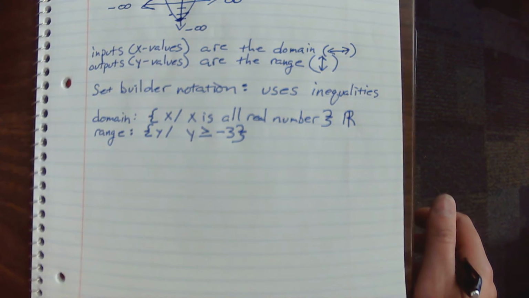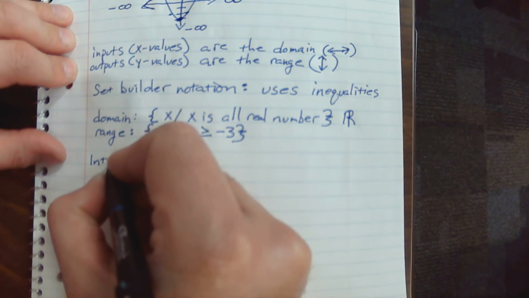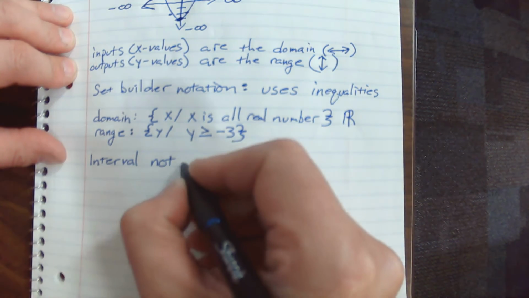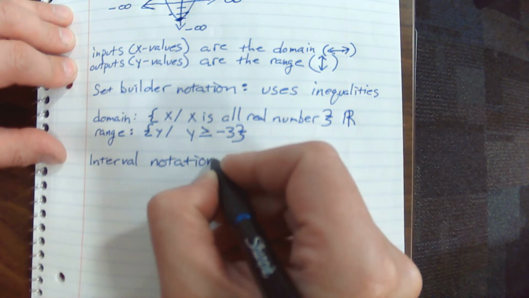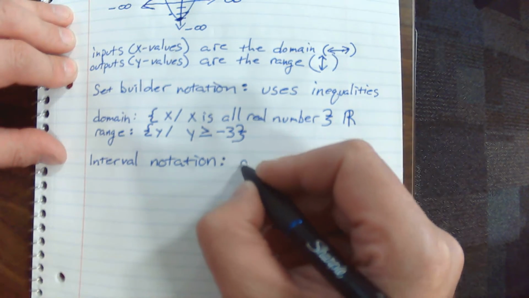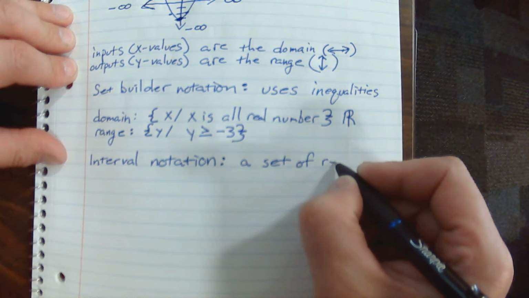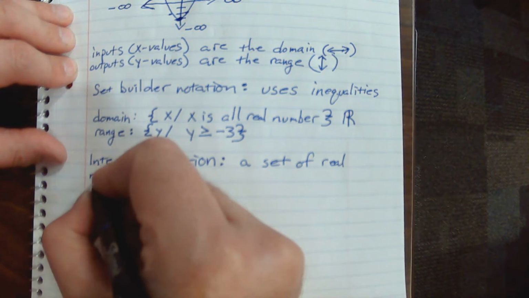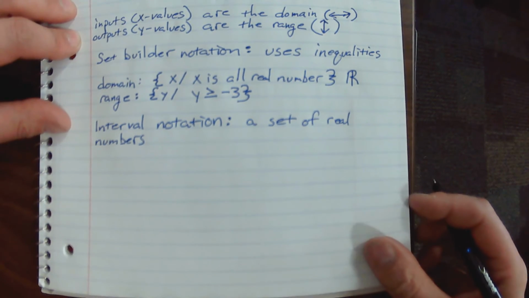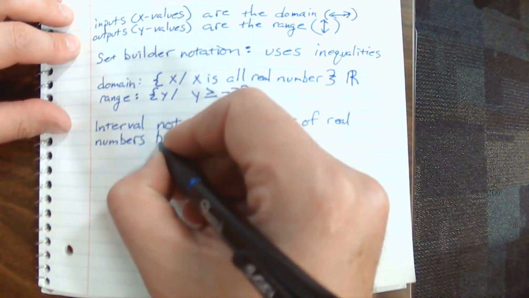There is another way that we can write out this information, and that is called interval notation. Interval notation is a set of real numbers by the pair of values.